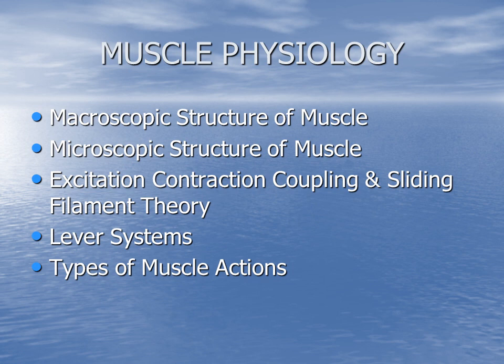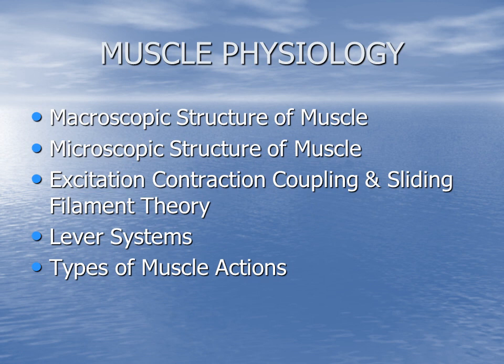Then, as I promised you, we'll go over the lever systems of the body, and we will assign a lever system, meaning we'll assign either a first-class lever label, a second-class lever label, or a third-class lever label to each of the muscle groups that we're going to be testing here as this program goes on.